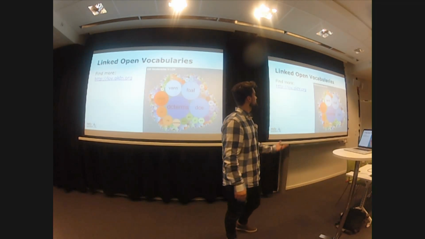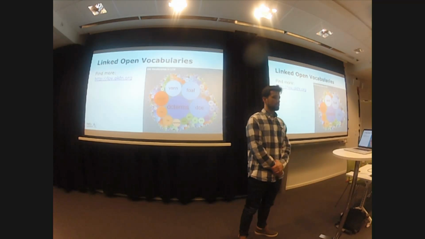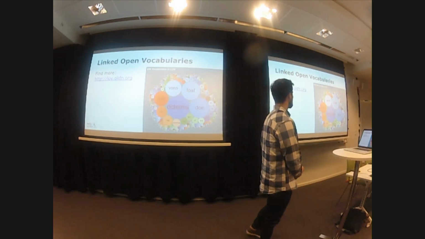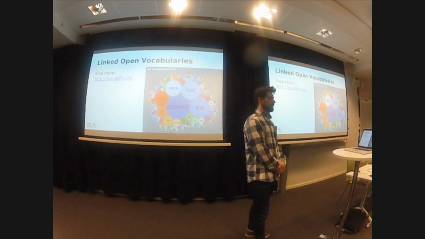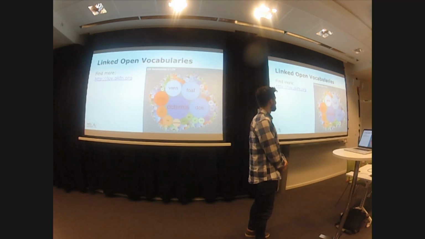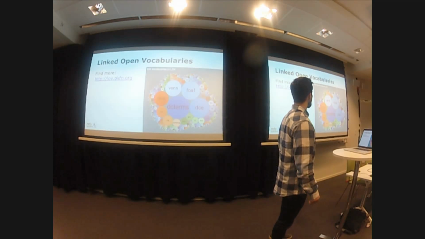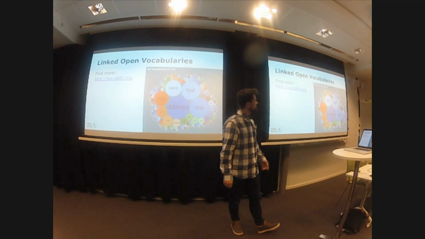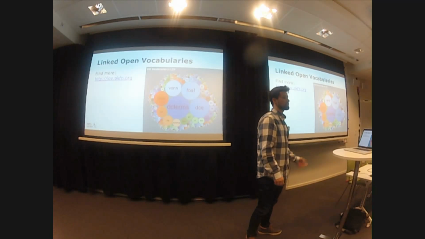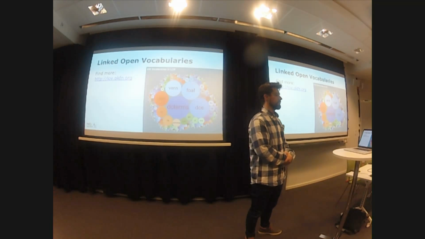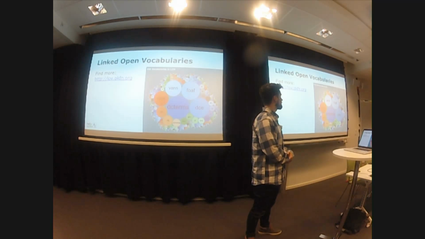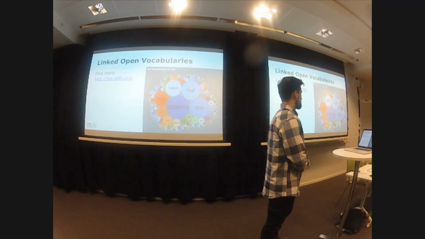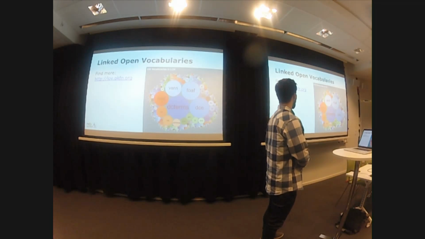You've heard that there are a lot of open vocabularies on the web, and we are reusing them, and that's a good thing. As you can see here, the most known and used are DC Terms and FOAF. FOAF stands for friend of a friend, so that's a vocabulary for describing people and agents and some properties of them.